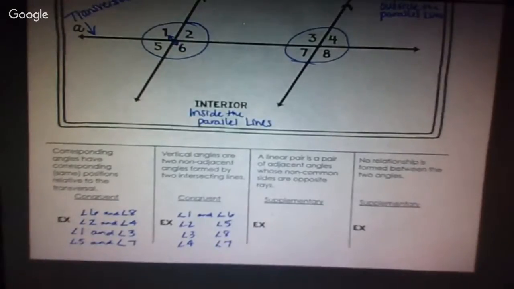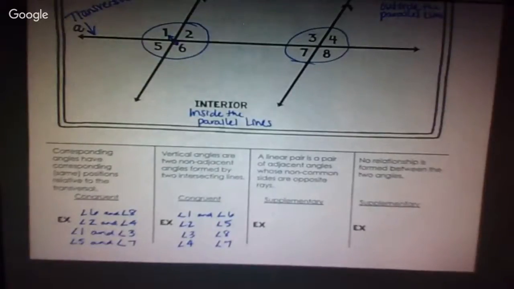Okay, a linear pair. There are a ton of linear pairs up here. What do we know about linear pairs? They make a line. So 5, 6, 7, and 8. So 5 and 6, 7 and 8, 3 and 4, 1 and 2. You could do 1 and 5, 2 and 6, 3 and 7, 4 and 8.